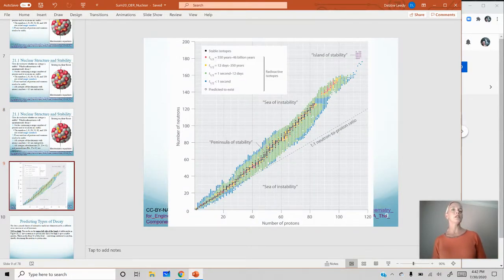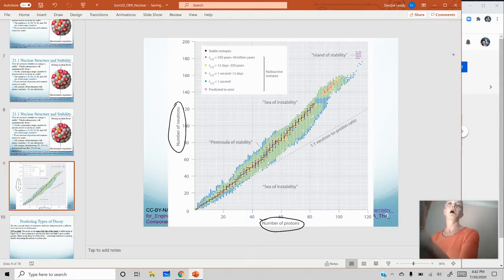To determine the type of natural radioactive decay that an isotope would undergo, we use what's called the band of stability. In this band, there are black dots in this graph. Hopefully you can see those black dots. Notice our x-axis is showing number of protons and our y-axis is showing number of neutrons.